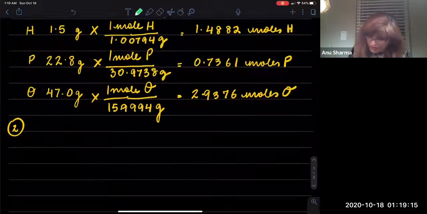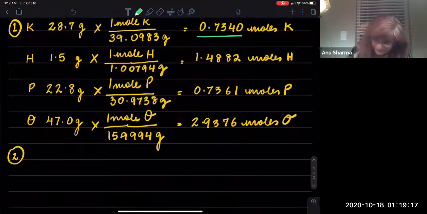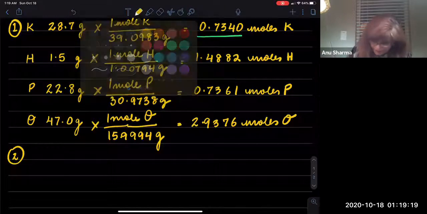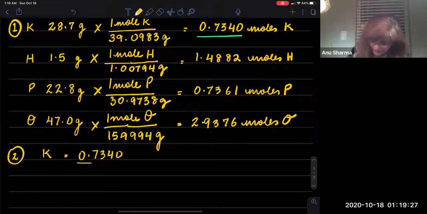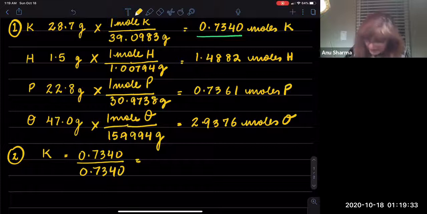So we get now potassium, 0.7340 divided by 0.7340, and this gives you 1.00 moles. That's the potassium.